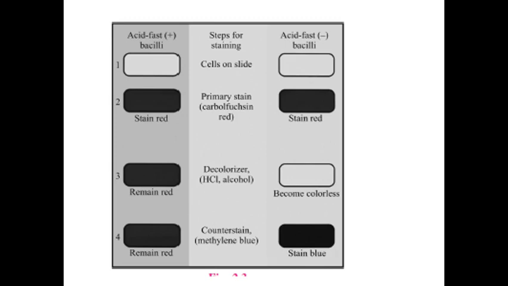That's why acid fast positive bacillus cells appear red, and acid fast negative bacterial cells appear blue. So we can say acid fast positive bacteria retain the primary stain carbol fuchsin red, and acid fast negative bacilli are unable to retain the primary stain but retain the secondary stain, and that's why those cells appear blue.